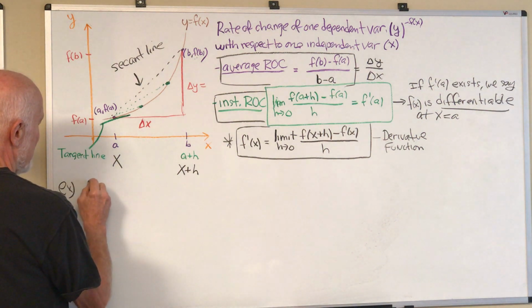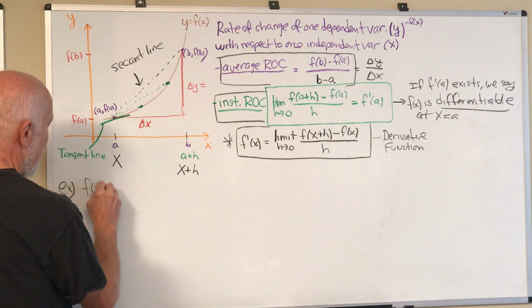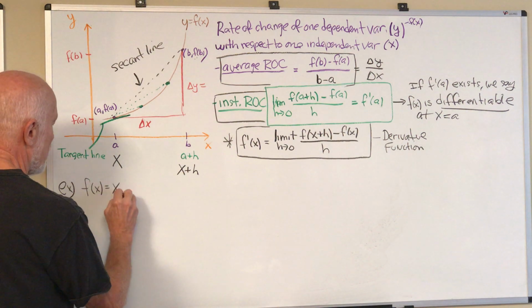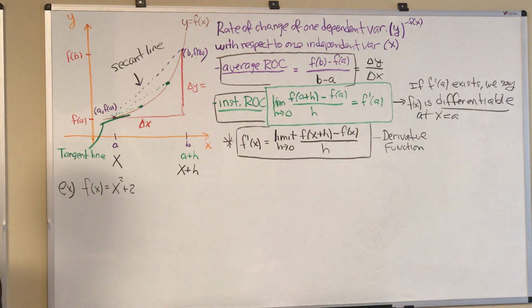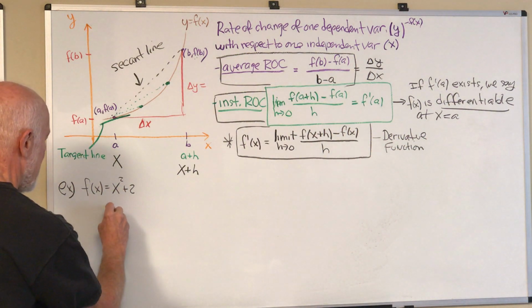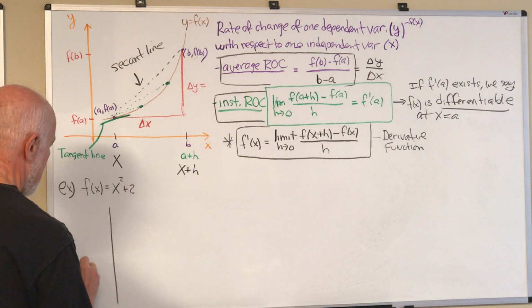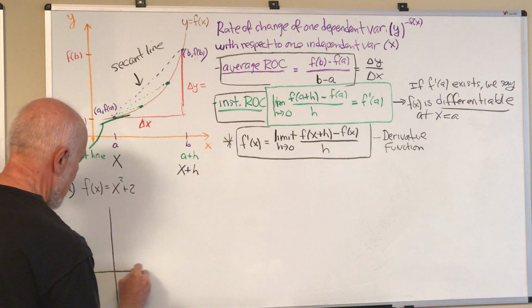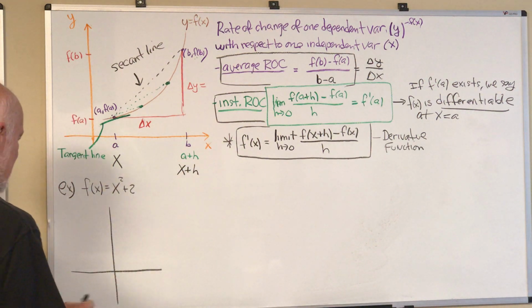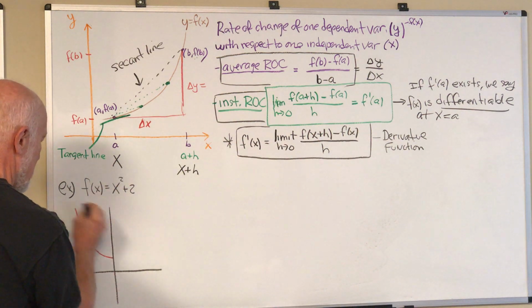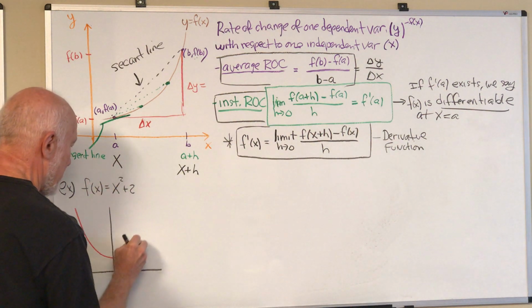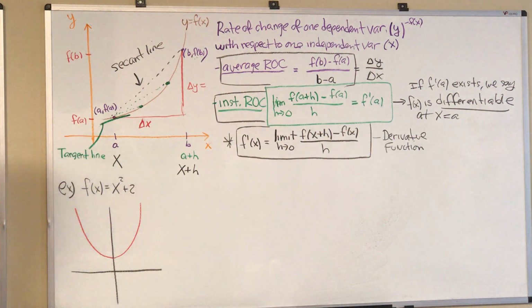Let's take a function, say f of x equals x squared plus 2, which we kind of know is a function that looks sort of like this. It starts at 2, comes up like this. So, what are the things that we could find?